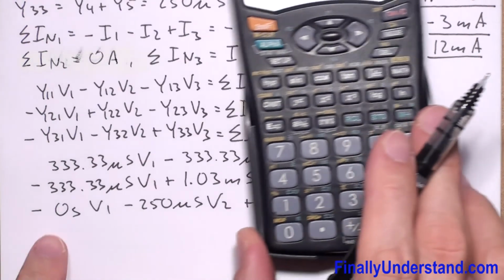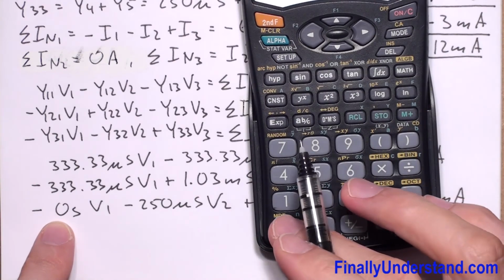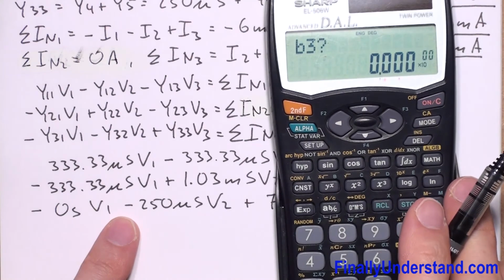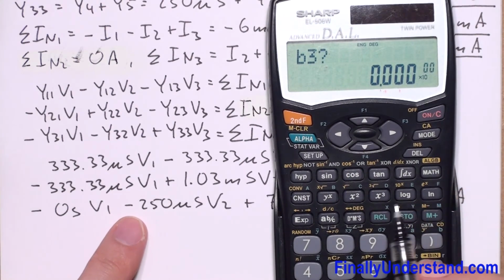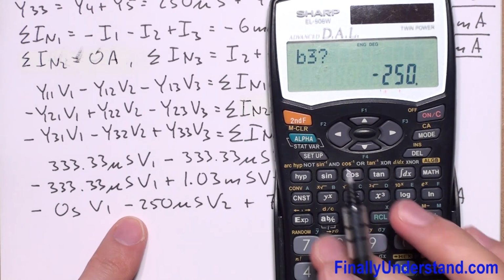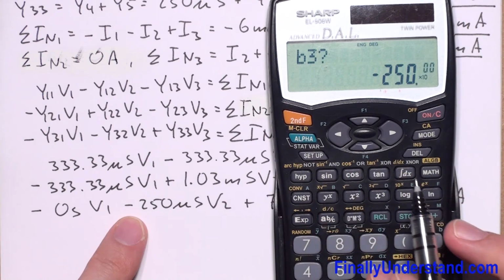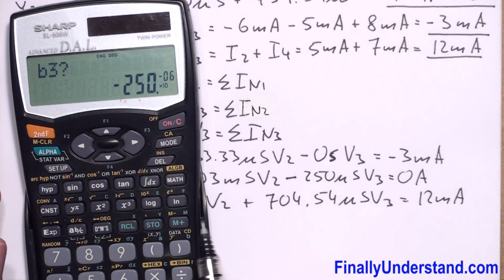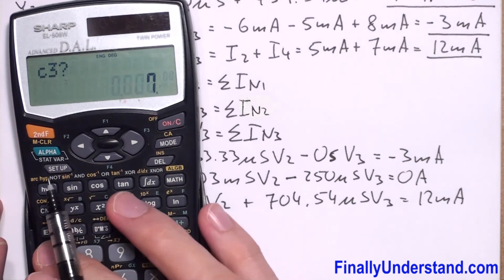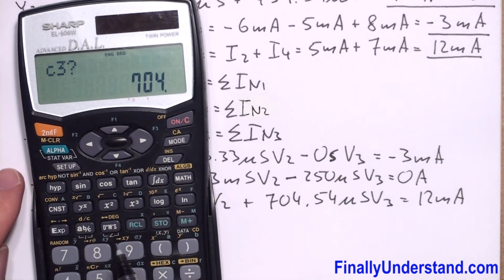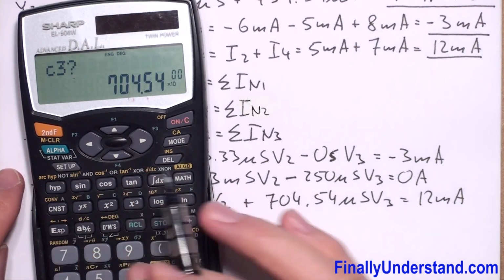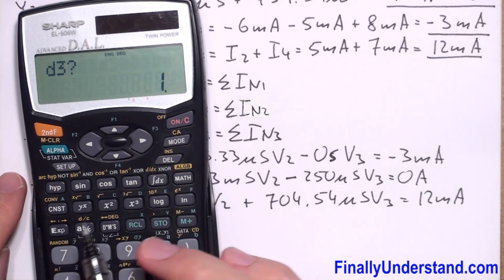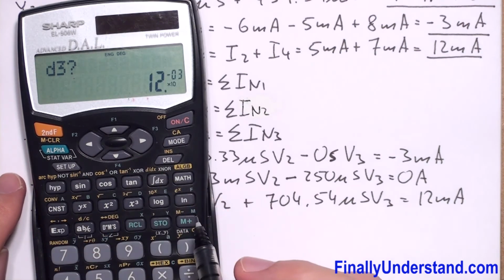Third row: 0, 250 exponent 6 negative, 704.54 exponent 6 negative, and 12 exponent 3 negative.